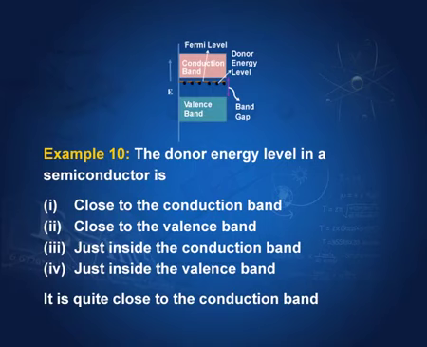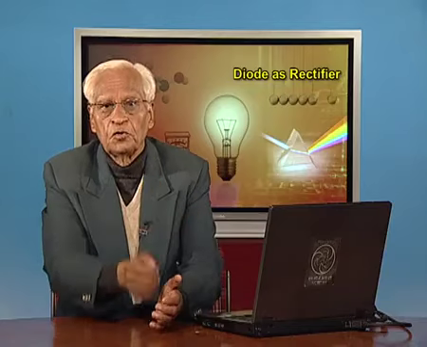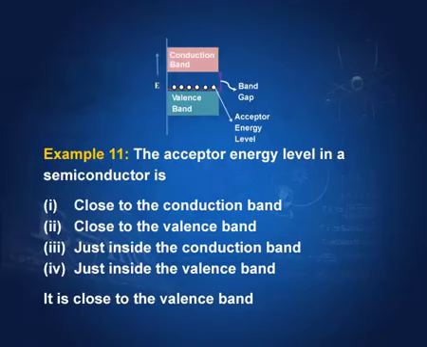The acceptor level energy in a semiconductor is close to the valence band, because electrons from the valence band can fill these holes and create more holes in the valence band and therefore contribute to current. Therefore, the acceptor energy level is close to the valence band.